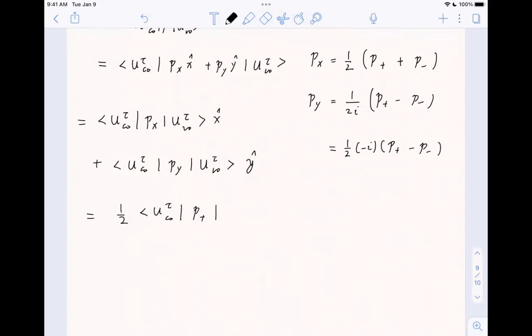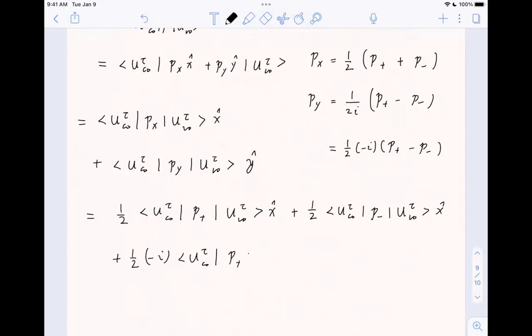P plus, X, P minus, and then P plus. This will be minus.